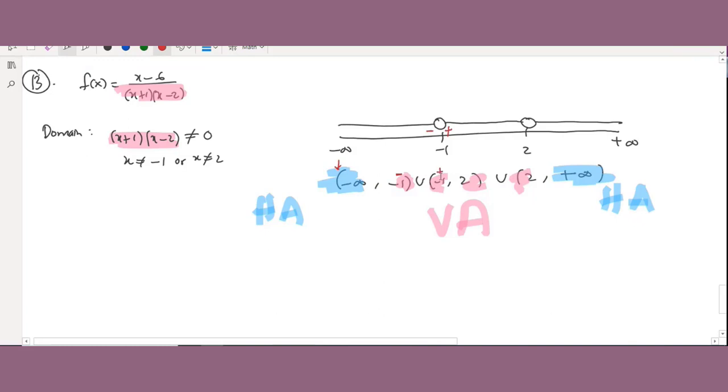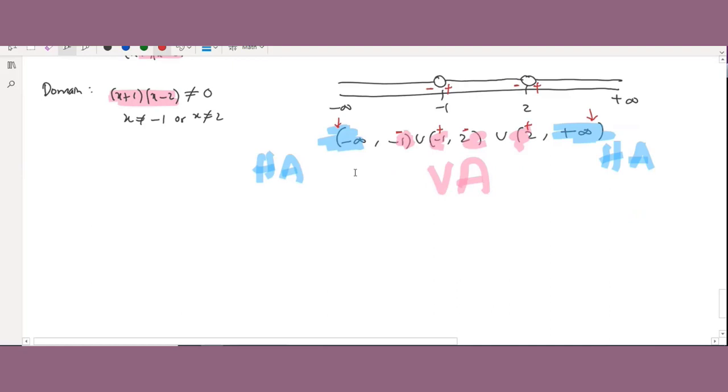This is the limit test. So how many? 1, 2, 3, 4, 5, 6. You need to test 6 times, according to the brackets.